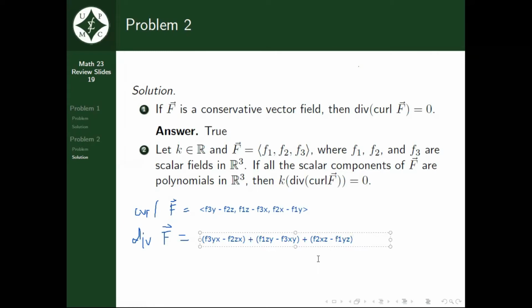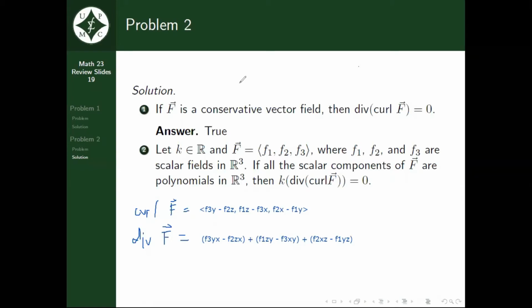Now, since all of F1, F2, F3 are polynomials, the second derivative also exists, because as we said earlier, all polynomial functions are infinitely differentiable. They can be differentiated many times, and the derivative still exists. Also, the partial derivatives are continuous everywhere.